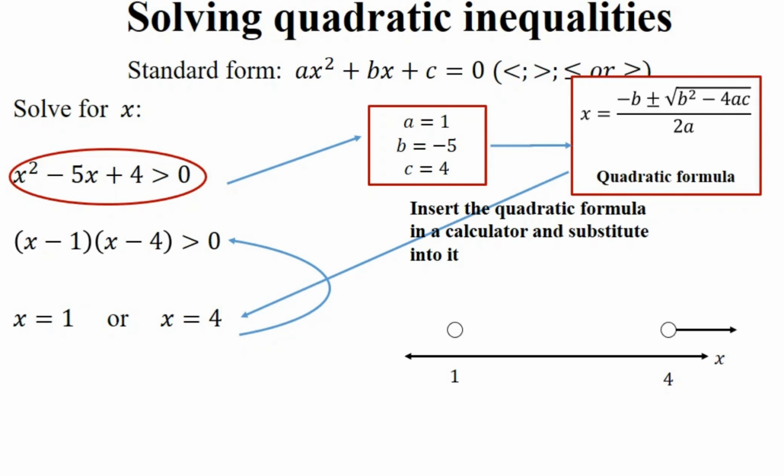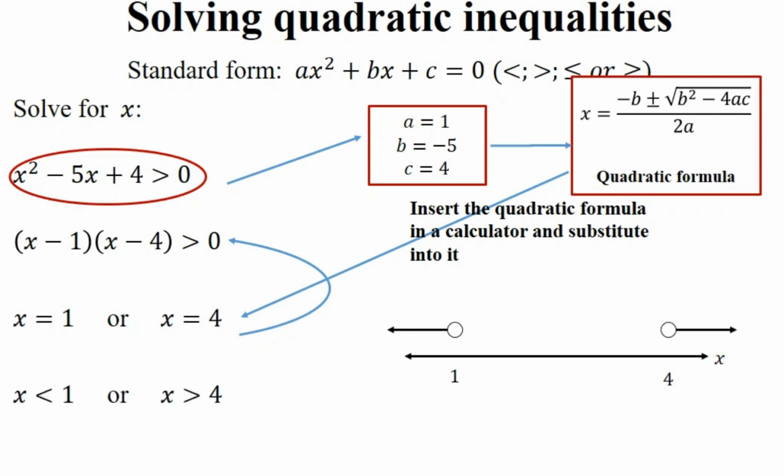Also, if you check the values that are less than 1, you substitute one value into the inequality, you'll find that it gives you a value which is greater than 0, meaning that those values satisfy the inequality. Therefore, we need to write the solution.